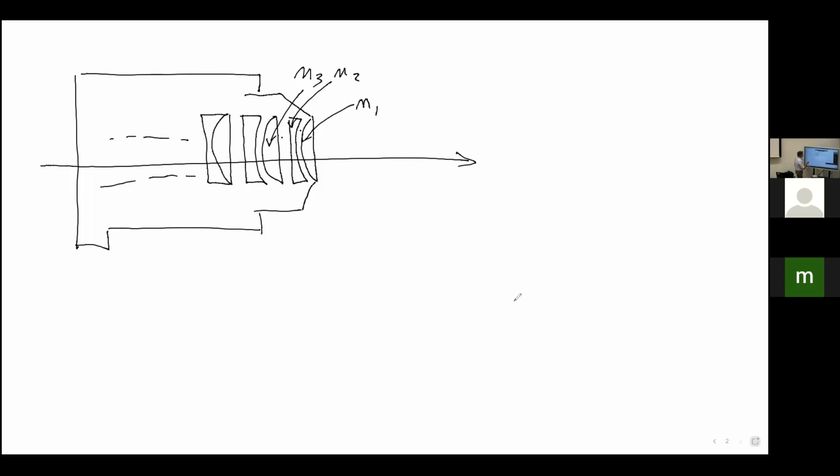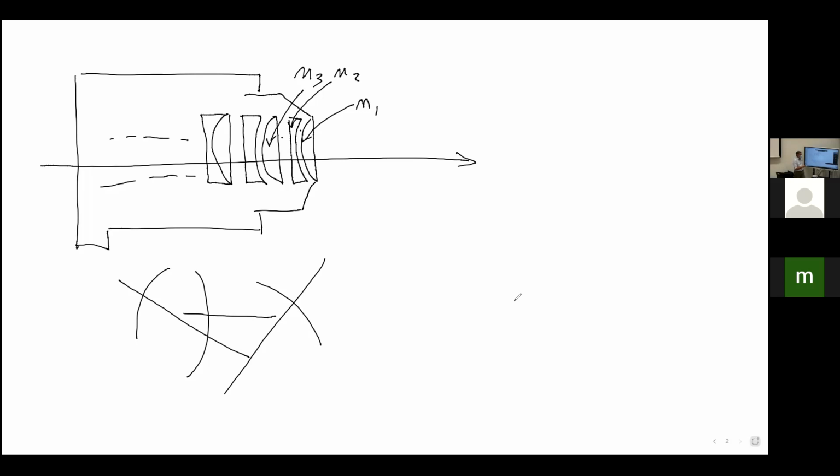Now, of course, you might have a surface like this, a surface like this, a surface like this. That is, you could have that these systems, these diopters, do not share the same optical axis, but they are somehow misaligned.